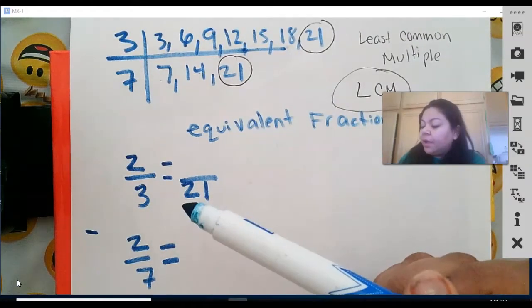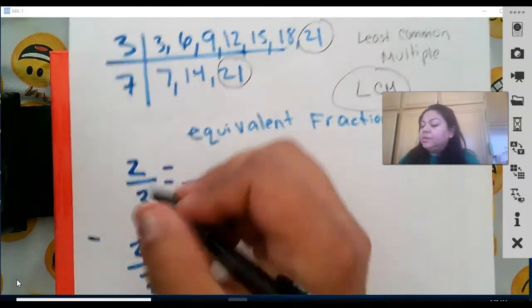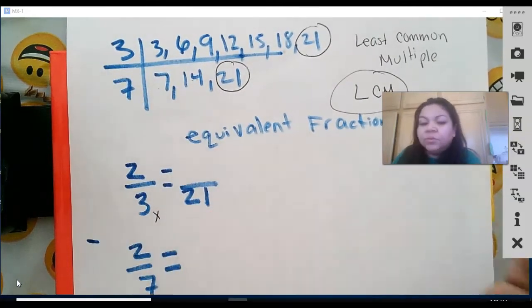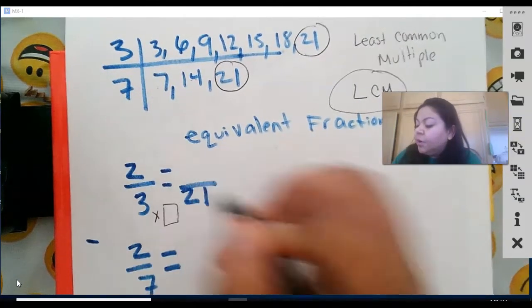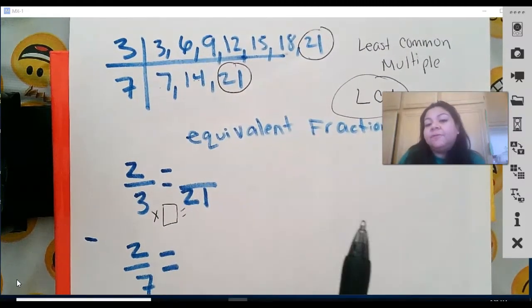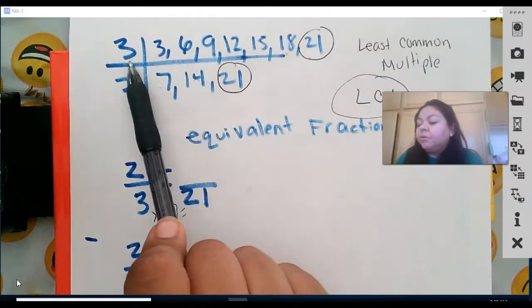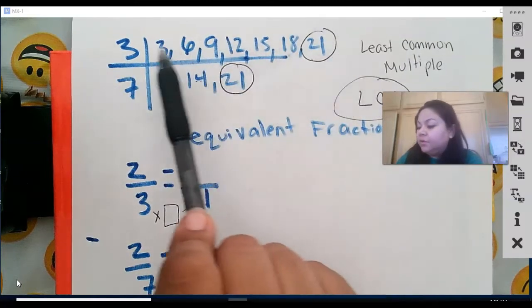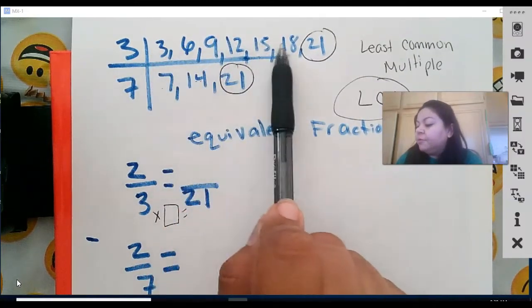So now I need to think, okay, 3 times what number equals 21? For that you need to know your multiplication facts. That's very important. Or also you listed them here, so I know that it's 1, 2, 3, 4, 5, 6, 7.